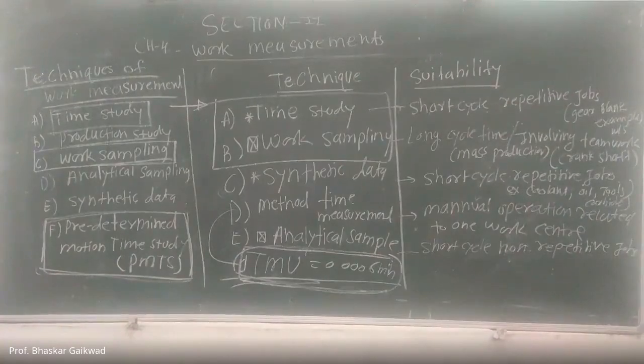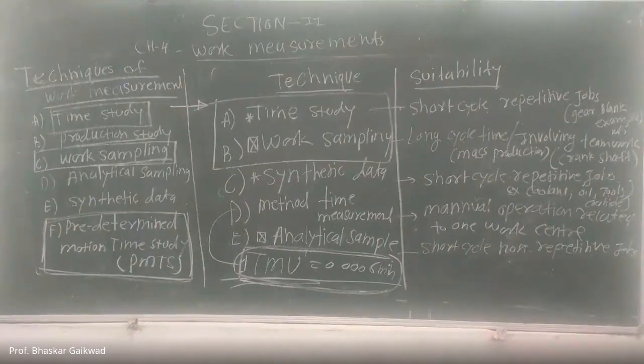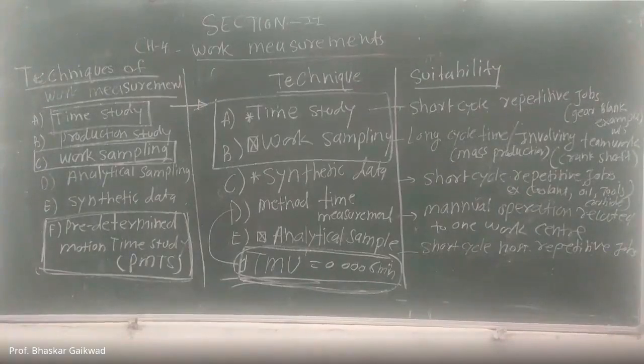Work sampling: crankshaft manufacturing. Analytical data: chemical data, coolant oils, carbide tooling. Synthetic data: any manual operation, method time measurement. Short or non-repetitive work, innovative research and development, where certain mathematical relations are required, here we can use analytical estimating.